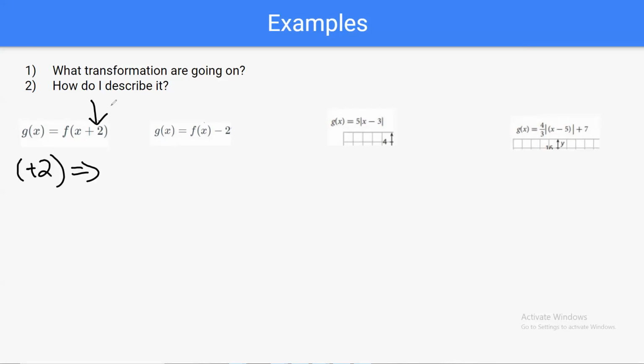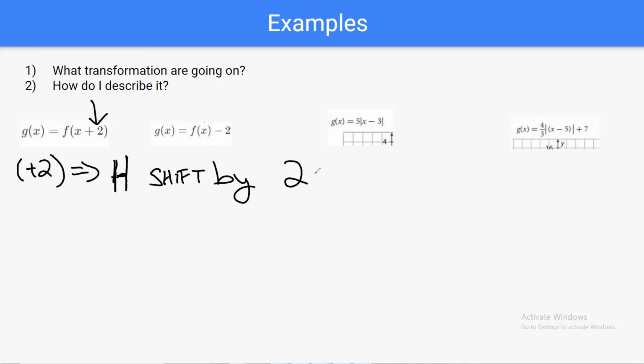Well, it's on the inside, so it's a horizontal. I'm just going to put an H. We're adding, so we are shifting. If it's a horizontal shift, by how much? By 2 units.